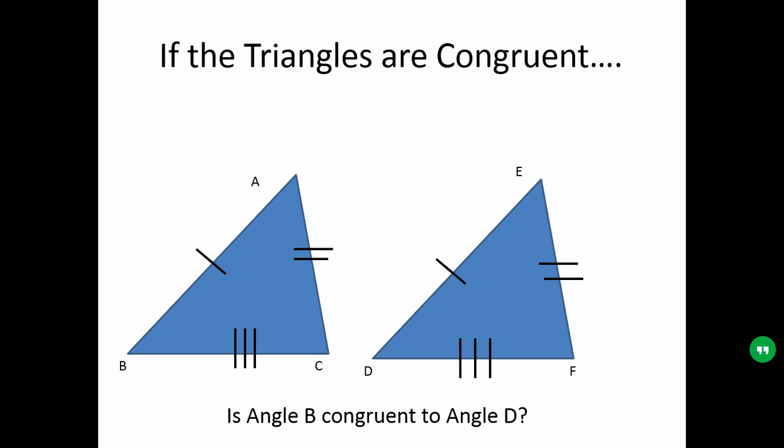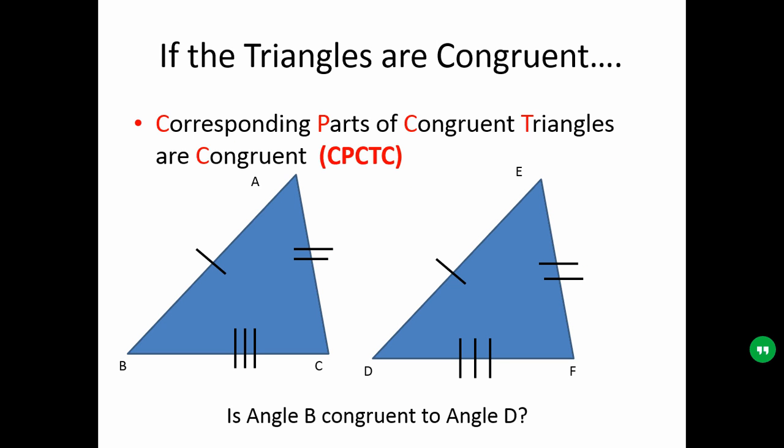So if the triangles are congruent, we have corresponding parts of congruent triangles are congruent, CPCTC. So is angle B congruent to angle D? Here's angle B, and we're wondering is it congruent to angle D?